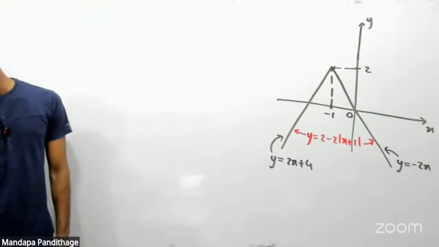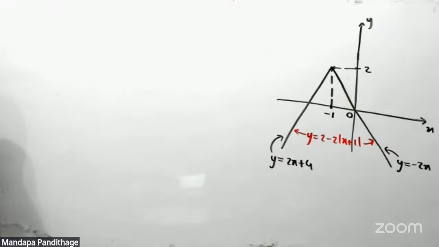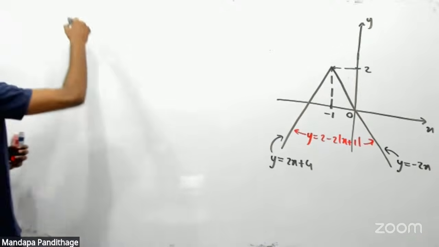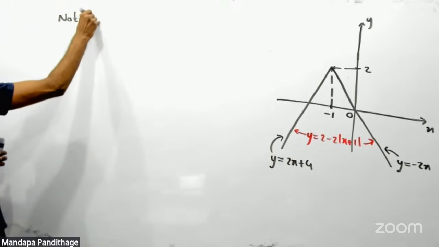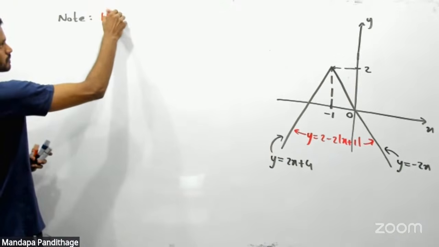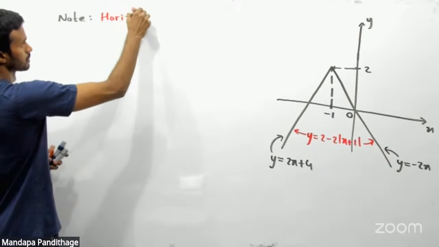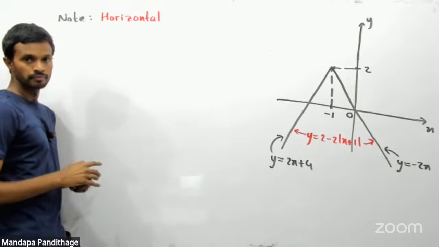Horizontal straight lines parallel to the x-axis.